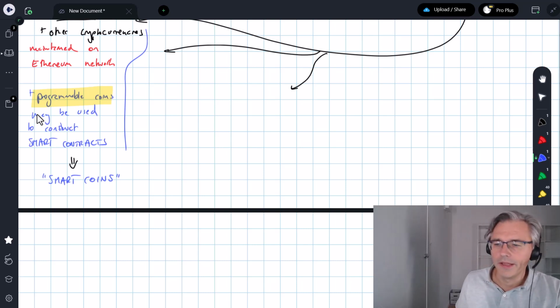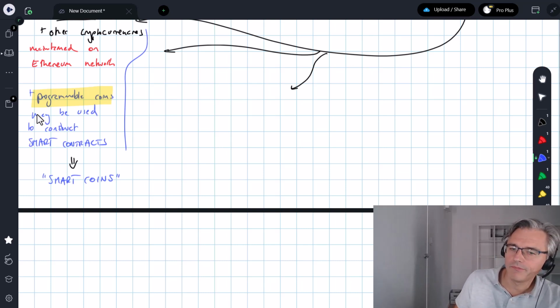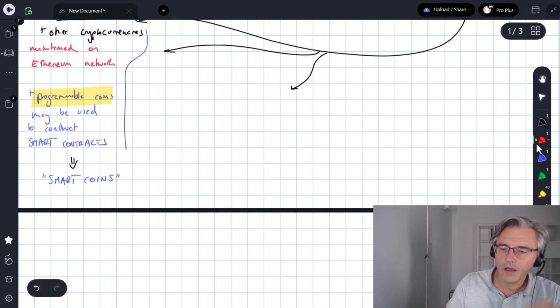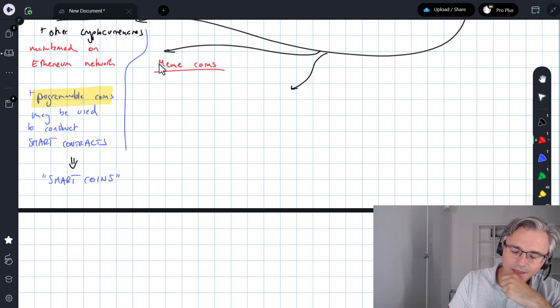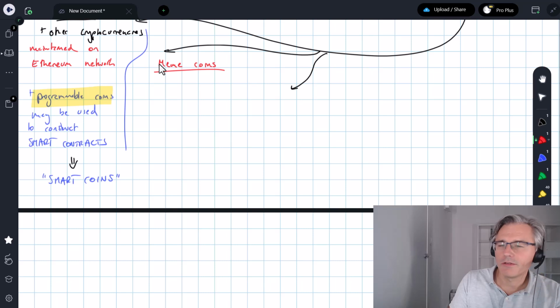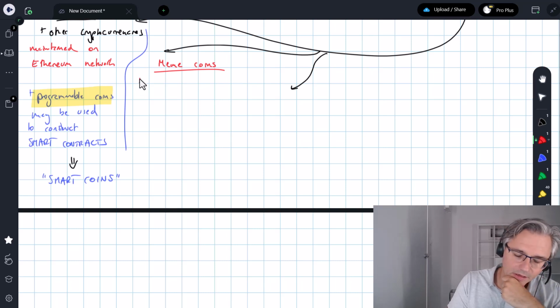Okay. Now, what about the other ones here? Well, let's just quickly get one thing out of the way. Meme coins. These are cryptocurrencies that are created or inspired by a joke. However silly that sounds, inspired by a joke.